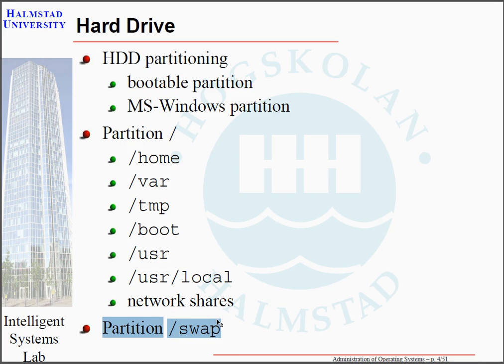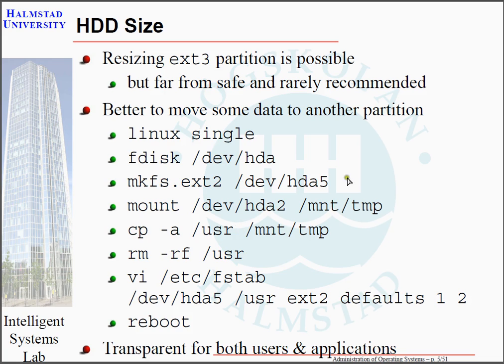If you think how Windows does it, Windows just uses a single file as the swap memory. But for Linux, it's possible also to use a single file, but you get significantly better performance if you designate a special partition for the swap.